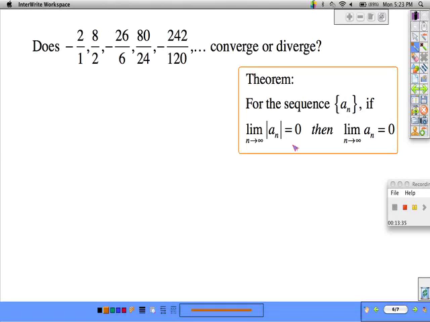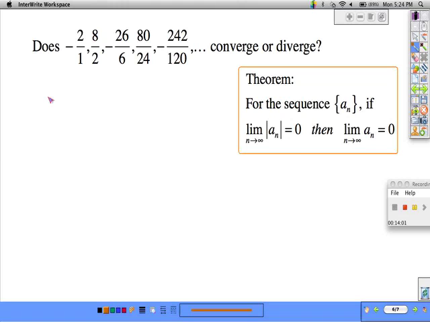Here's another sequence. This is an alternating sequence, and we want to know, does this converge or diverge? And we're going to use this theorem in the orange box that says if the limit of the absolute value of a sequence is 0, then the limit of our sequence is 0.